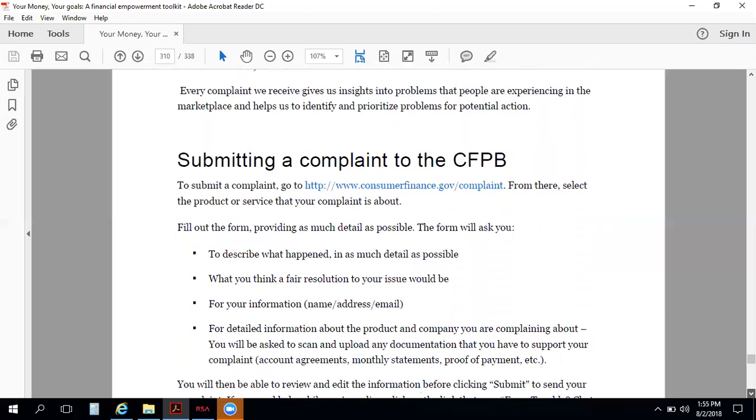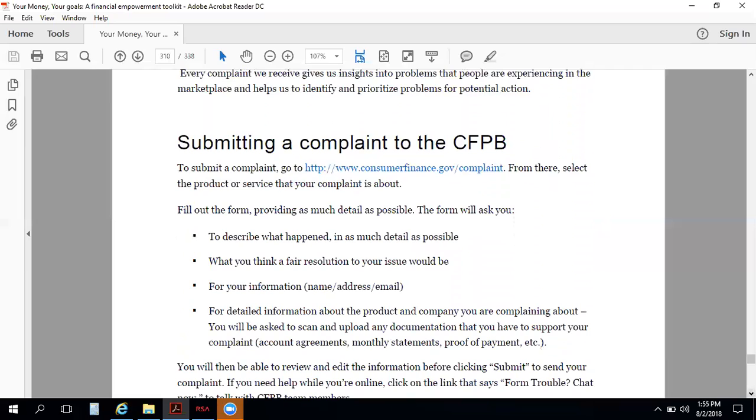And it talks about how to actually submit a complaint to the CFPB. So if a client has a complaint against one of these agencies, whether it be against a bank or a credit card company or a student loan provider, whatever, they can go to this website, consumerfinance.gov/complaint, and from there, it'll walk them through the process of how to actually file that complaint.